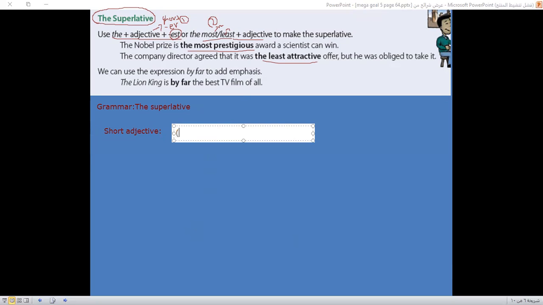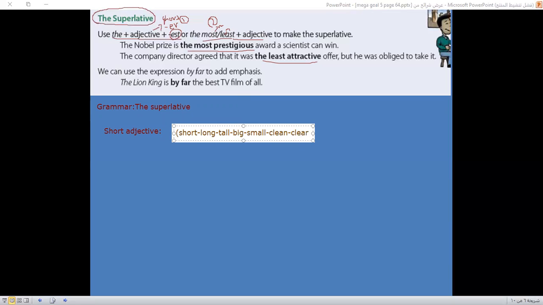Short adjectives are like short, long, tall, big, small, clean, clear.